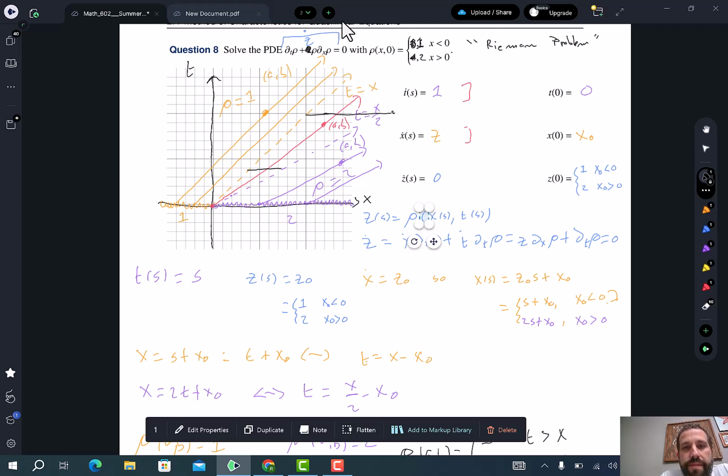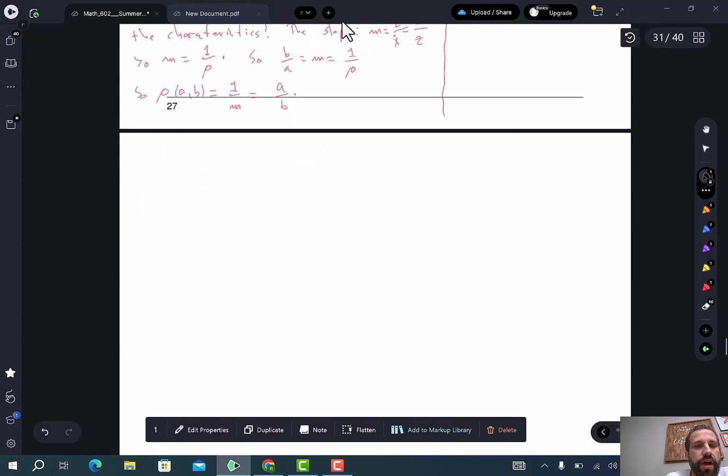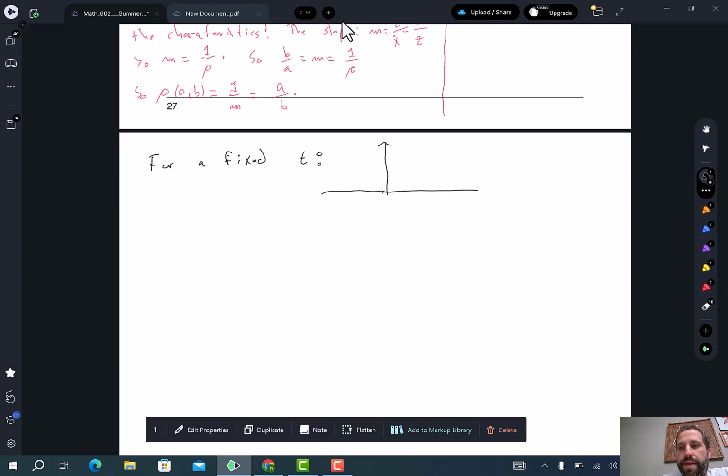Also, another way to think about this, pictorially: if I look at a fixed value of t, the graph is going to look something like this. I'll talk a little more about this in the next video, but for a fixed value of t, what's going to happen?